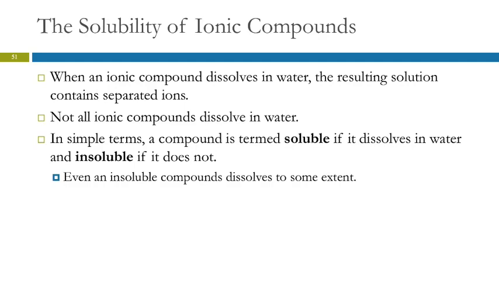One thing that I want you to remember, and you'll learn more about this in Chem 1B, is that even an insoluble compound does dissolve to some extent. Maybe it's only a couple of ions that dissociate, but at least a couple of ions will dissociate. What we're interested in here is, does a significant portion of the compound dissolve? Then it's soluble. If it's a very, very small amount, then we consider that to be insoluble.